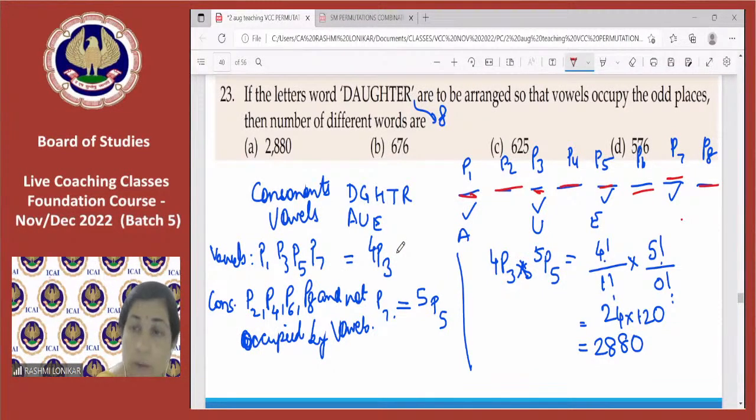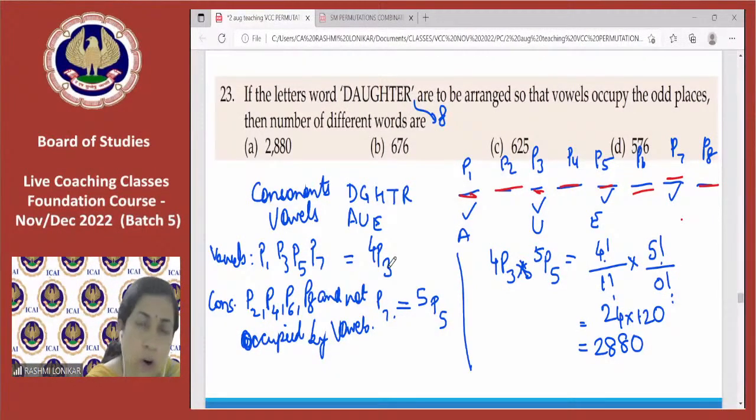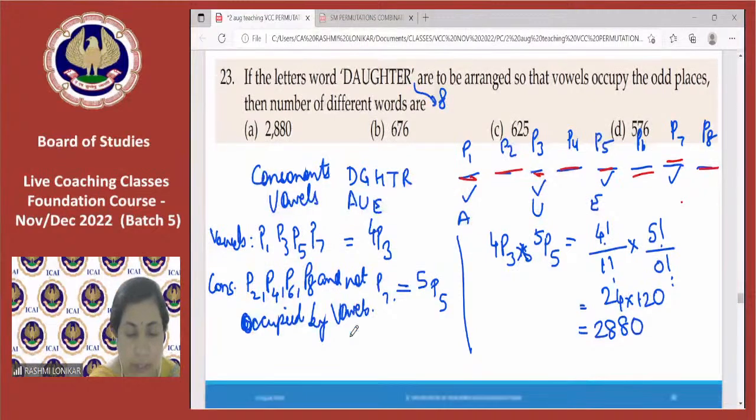Out of these 4, how many vowels are there? 3. So 4P3. So 3 vowels can occupy 4 odd places in 4P3 ways. What about the consonants? These are 2, 4, 6, 8 and not occupied by vowels. So only one position is not occupied by vowels. So there are 5 places available for the consonant. How many consonants do we have? We have 5. So 5P5.